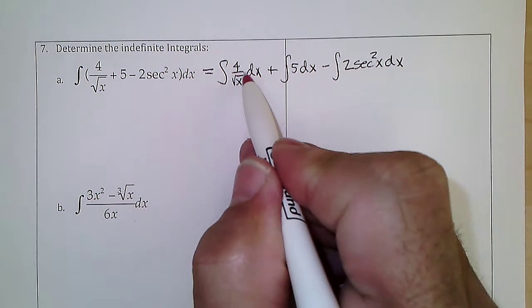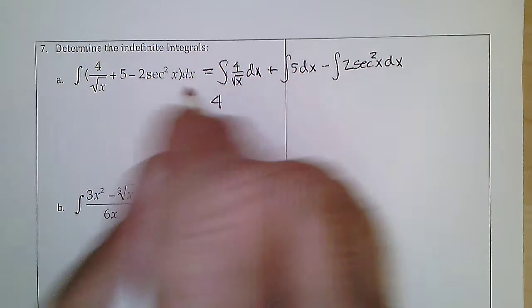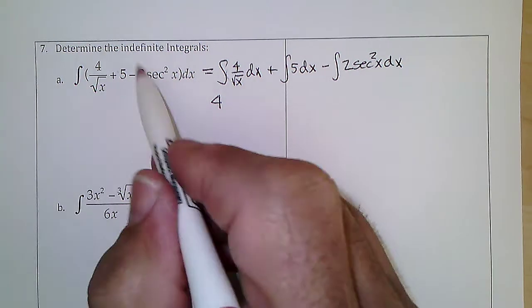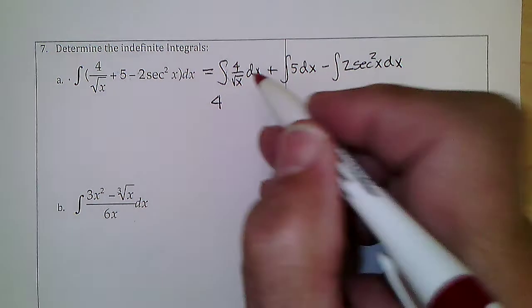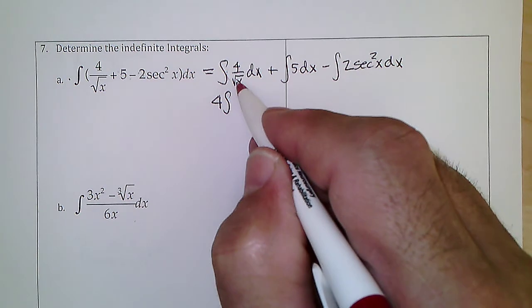And now there is a 4 in everything in here, so I can factor 4 out here. I can't factor the 4 out here because there's not a 4 in all three of them. Now, if these were all 4s, then I could pull out a 4. So the integral, and I'd have 1 over square root of x.